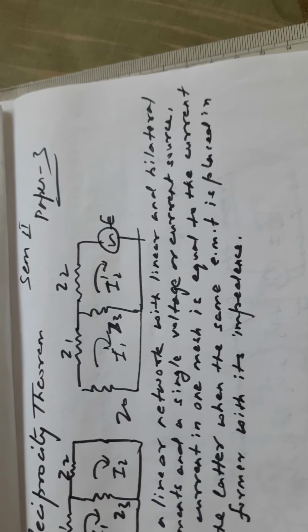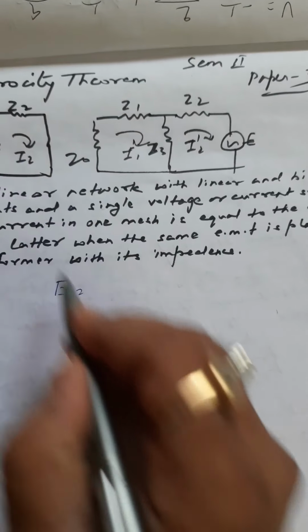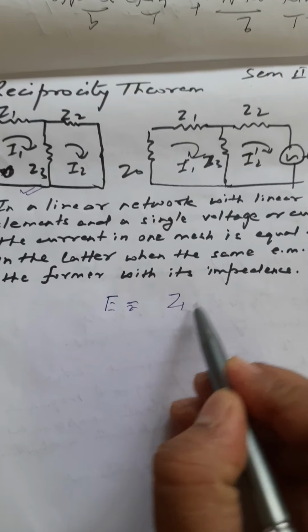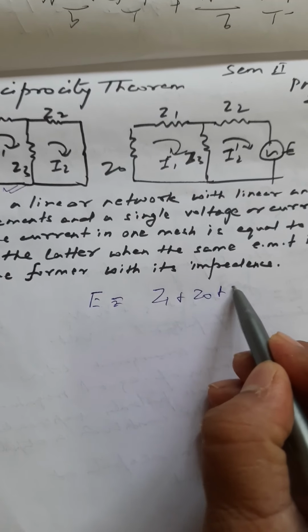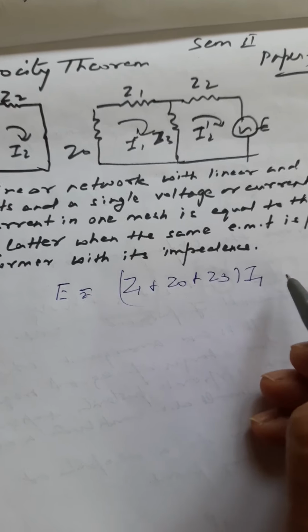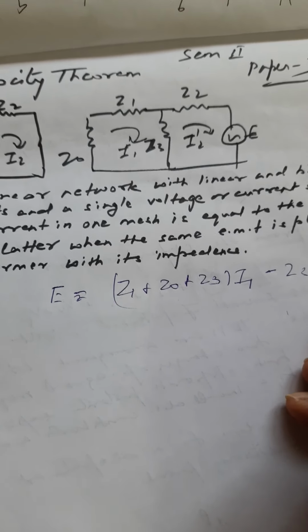Now applying Kirchhoff's law to the meshes, with the voltage source in the first mesh, we'll write down the equations. For the first mesh, E is equal to Z1 plus Z0 plus Z3 into I1, minus Z3 into I2.